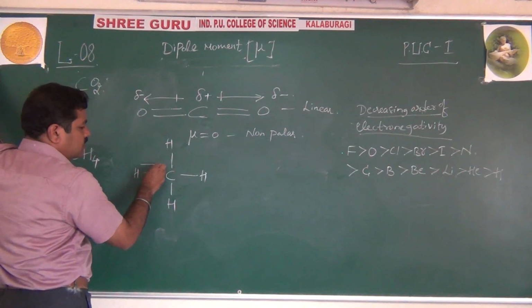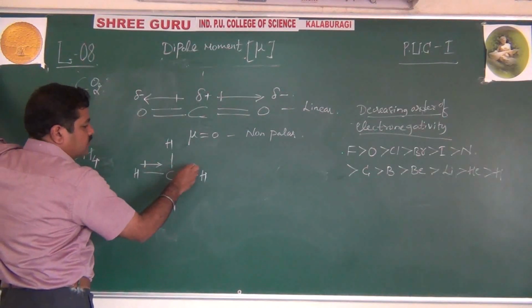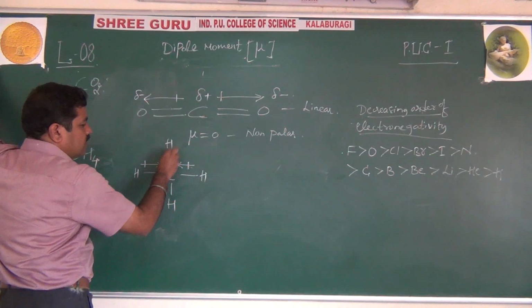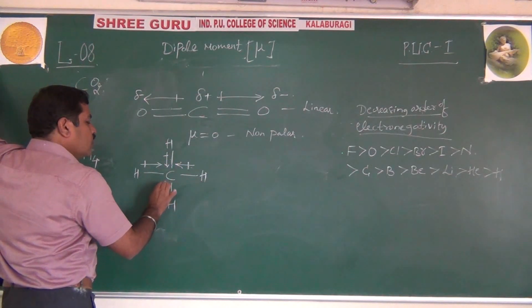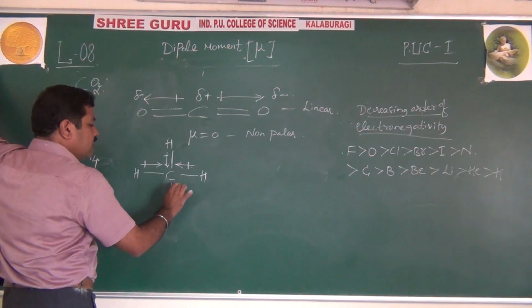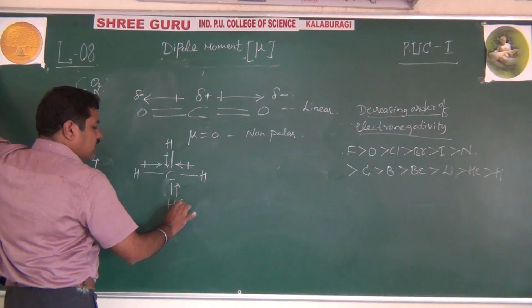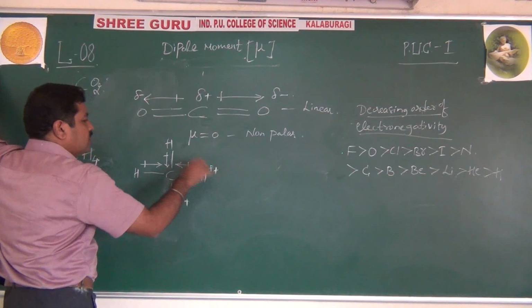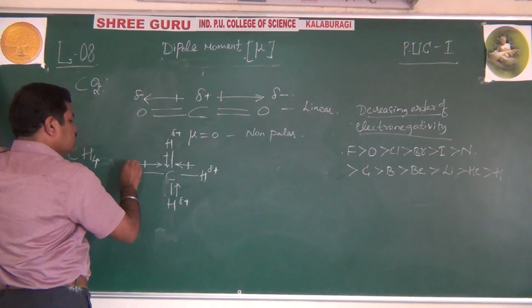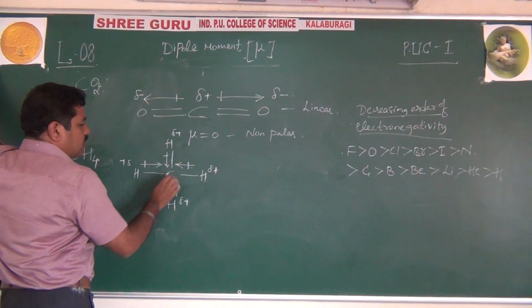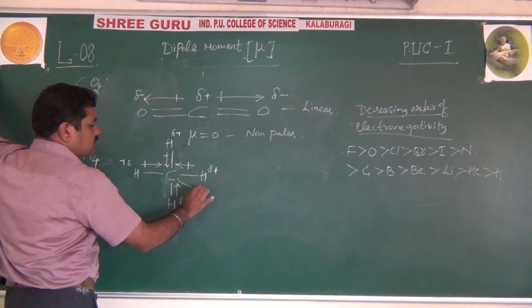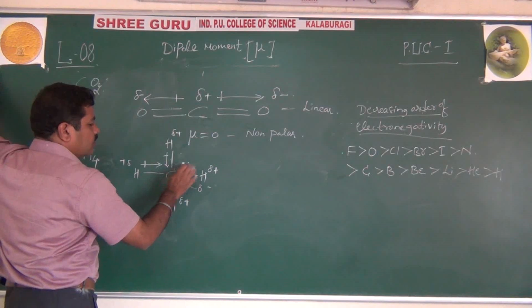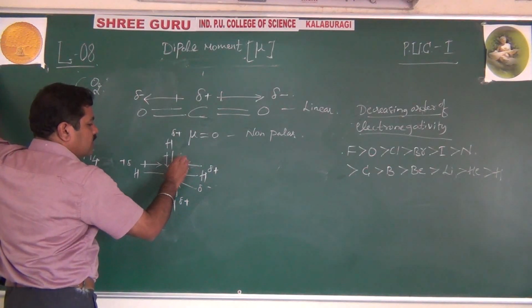So bond moments are towards carbon, towards carbon, towards carbon, towards carbon. Right? Delta plus, delta plus, delta plus, delta plus, and this is delta minus.